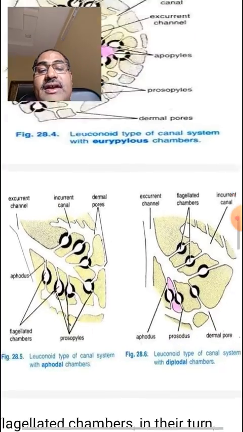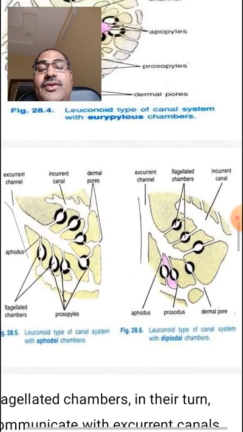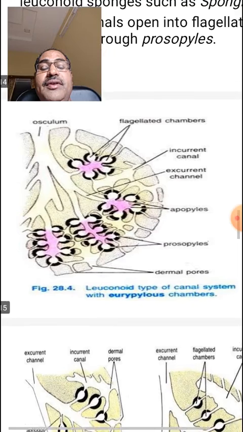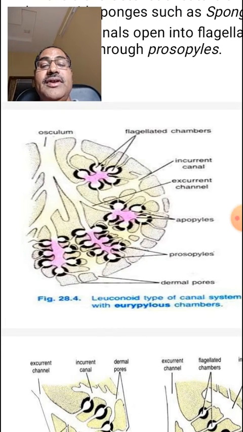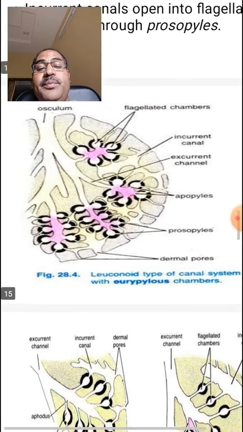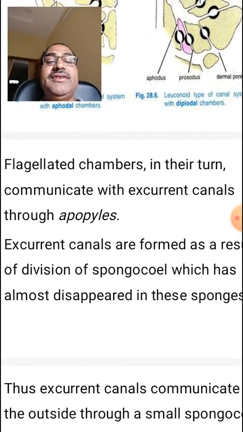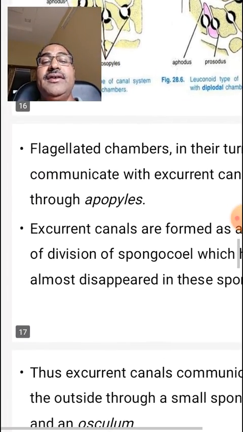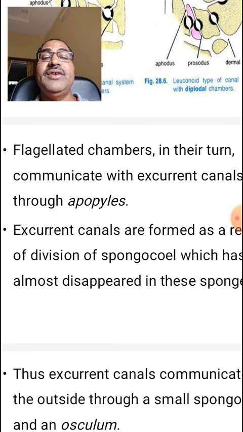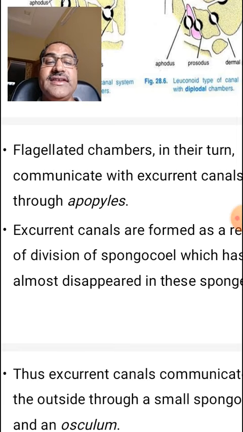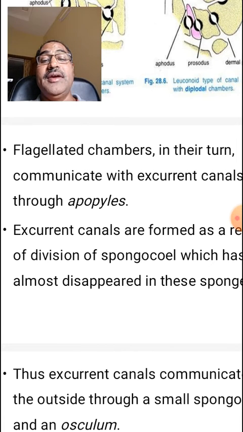These are again divided into apodal and diplodal. The flagellated chambers in their turn communicate with excurrent canals through the apopyles.